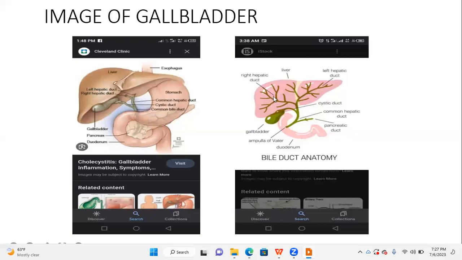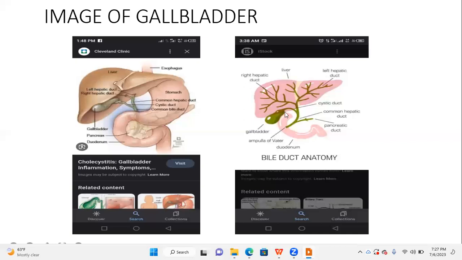These are the ducts that, when the liver secretes the bile, the bile flows through all the way coming here. And this duct, which we are seeing here coming from the gallbladder, this is the gallbladder.